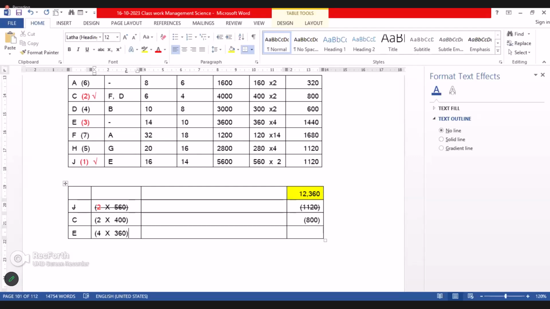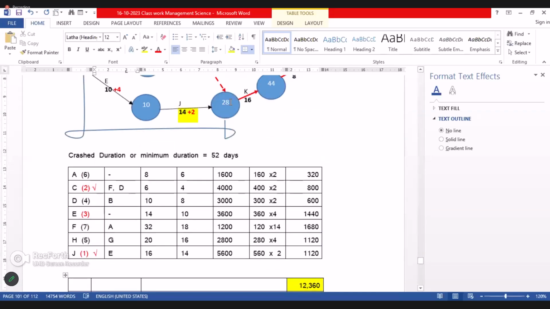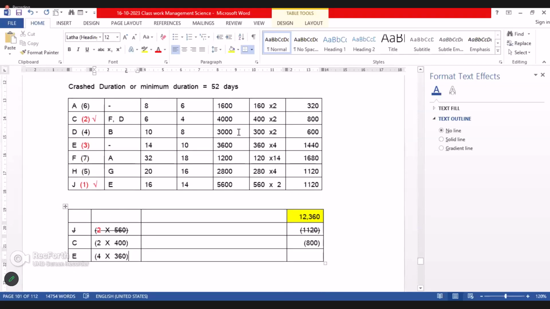This is possible, right? We can do it. This is possible without affecting this duration 28. So we can save 360 into 4, that is 1440. I put it here, 1440. That is one option.